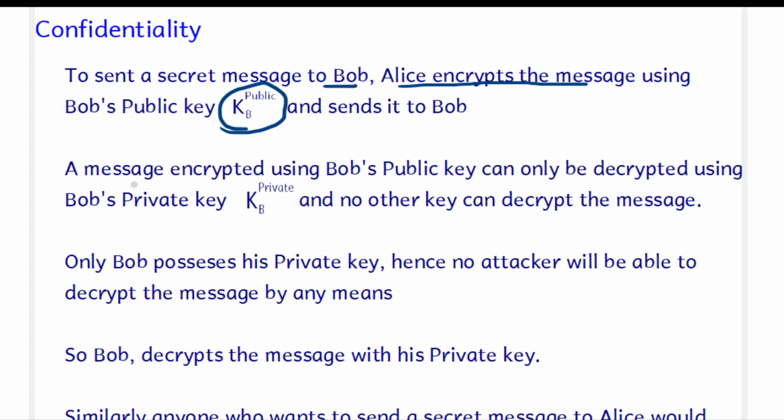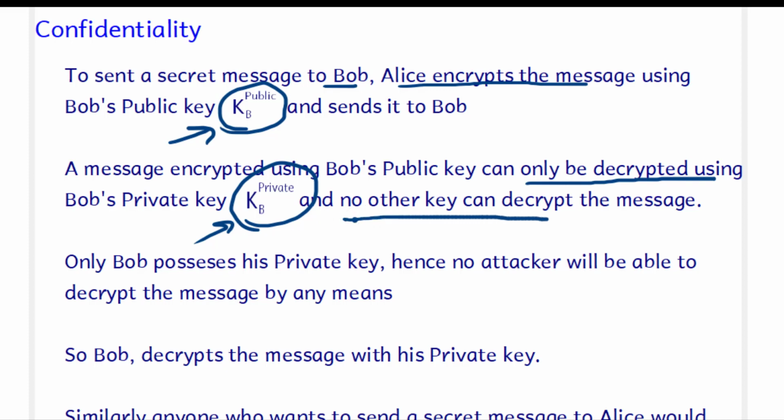The strength of this algorithm is that a message encrypted using Bob's public key can only be decrypted using Bob's private key. Because only Bob possesses that key, nobody else will know the contents of the message except Bob, and we assume that no other key can decrypt the message.